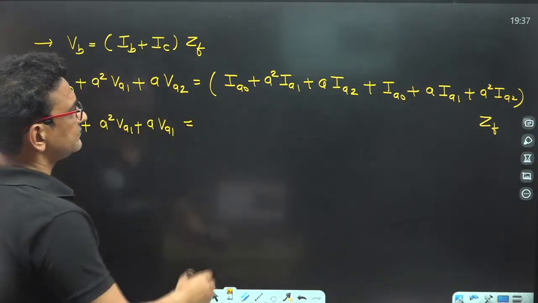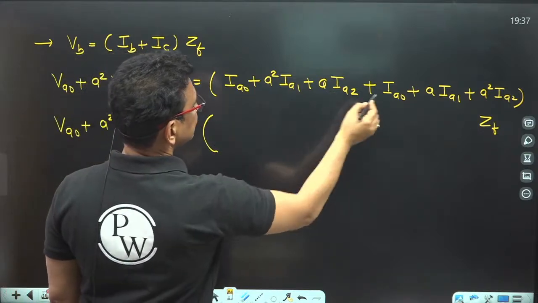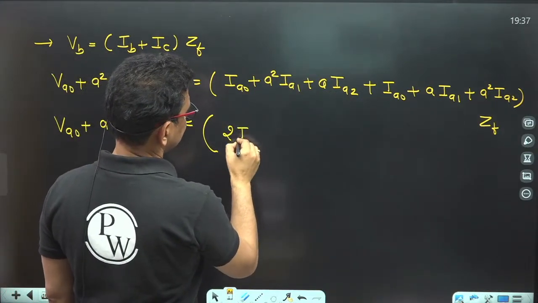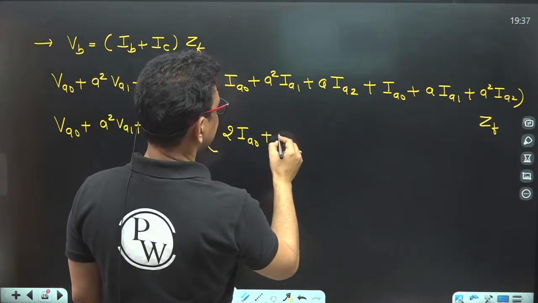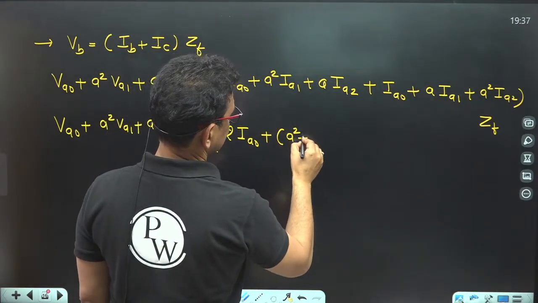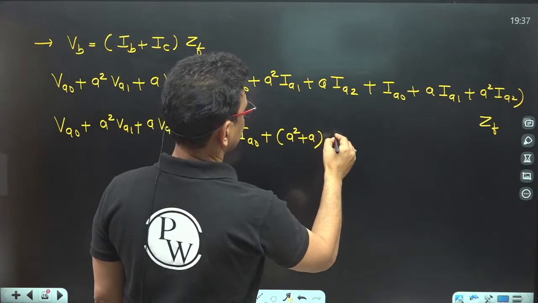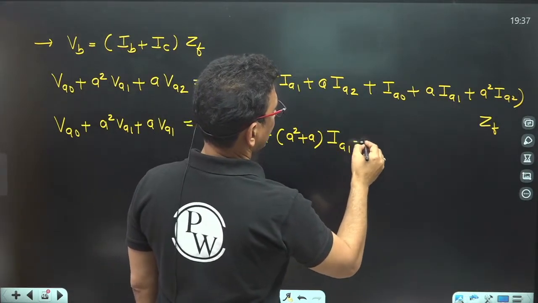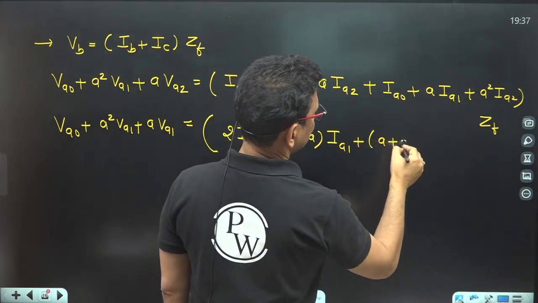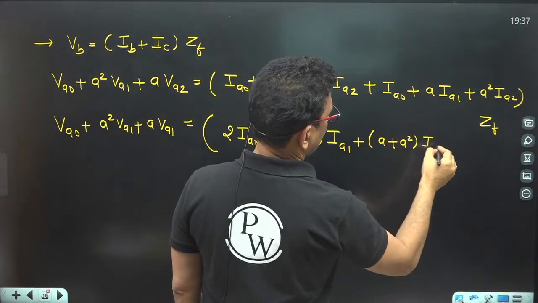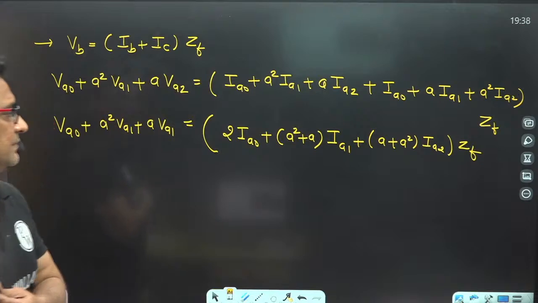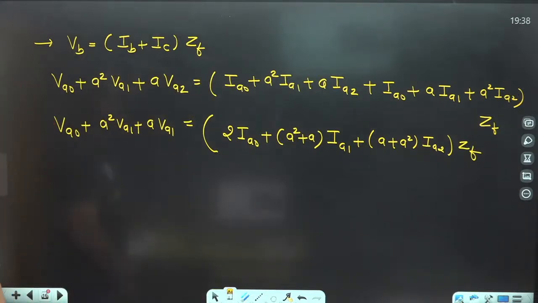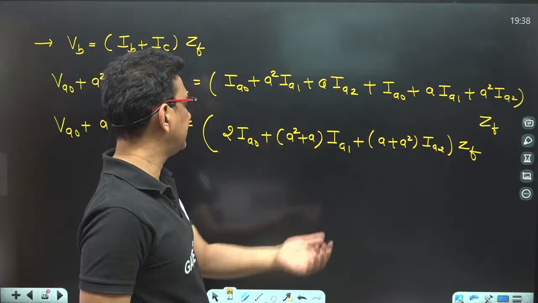Now here IA0 becomes 2 IA0, plus A square plus A times IA1, plus A plus A square times IA2, into ZF. Now we all know 1 plus A plus A square is 0, which means A plus A square is minus 1.